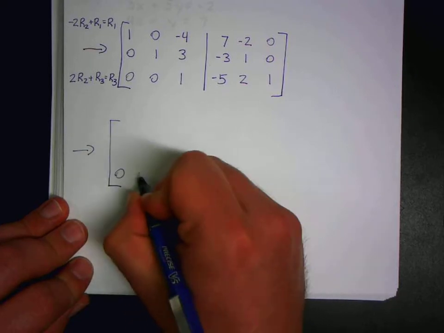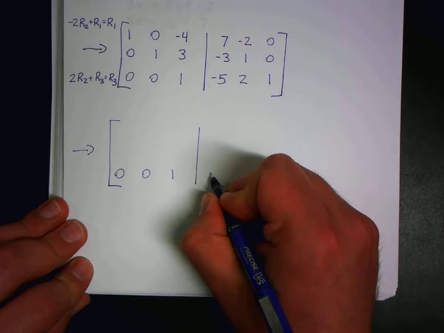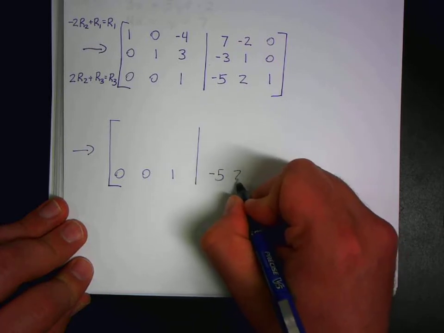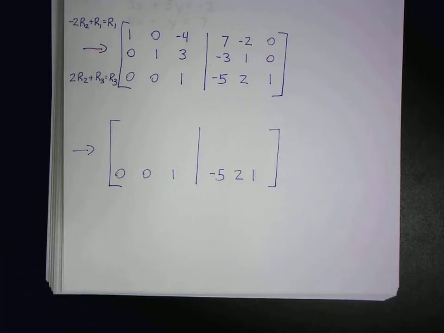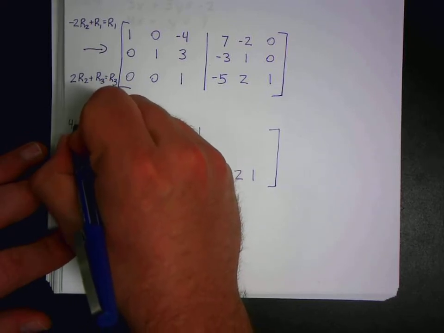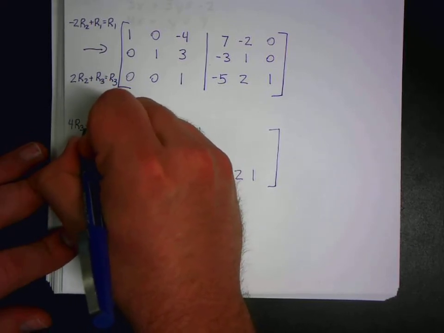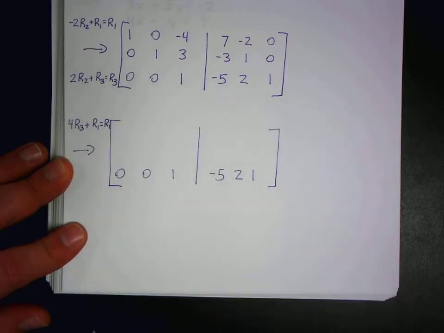Okay, my last step, I'm going to leave this bottom row alone. And I need to get rid of that 3 and that negative 4. So if I get rid of that negative 4, what do I need to multiply the bottom row by? 4. So 4 times row 3 plus row 1 equals row 1.